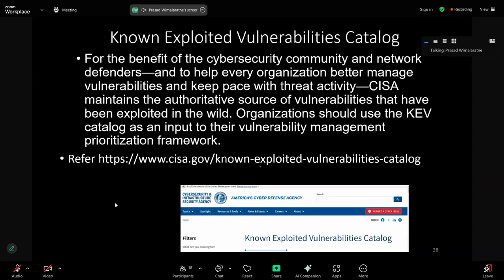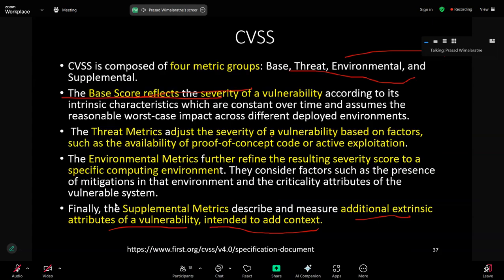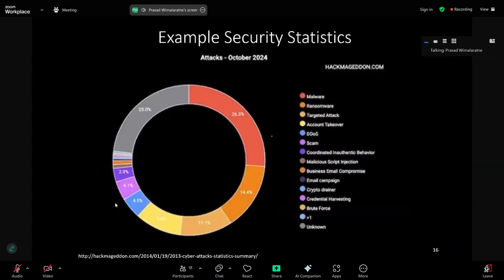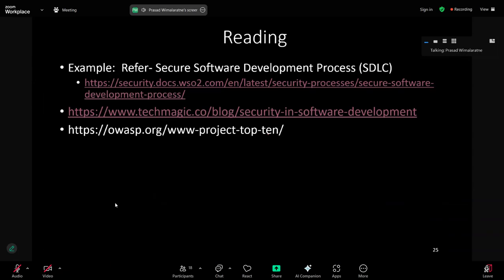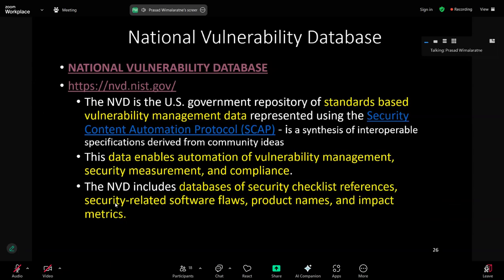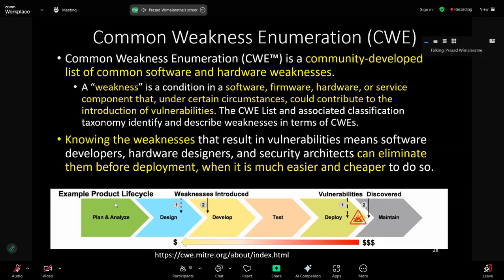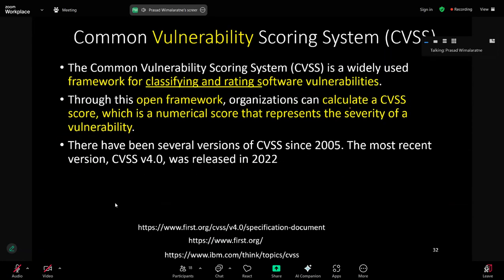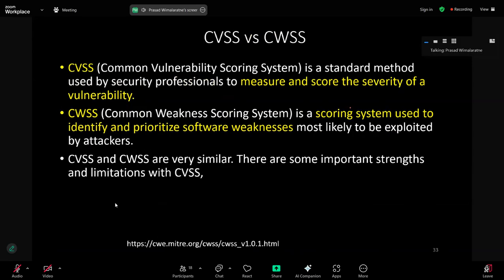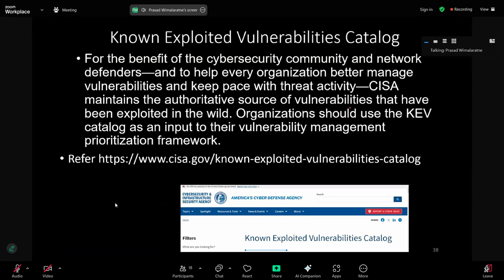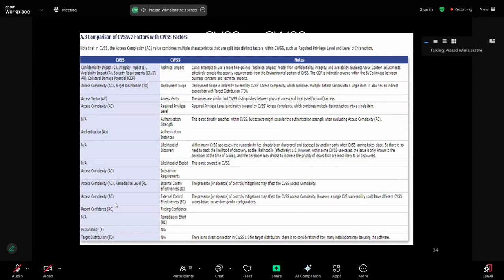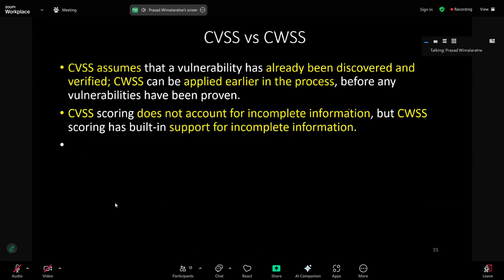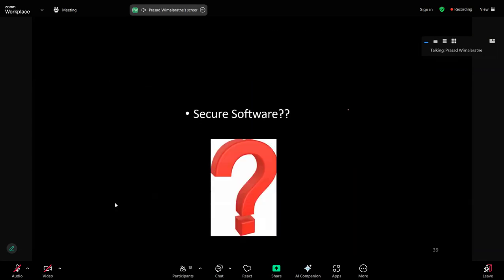So far, we were looking at some of the preliminary things we need to understand before going to the next stage of our discussion: different initiatives for looking at this vulnerability issue, starting with CWE, CVSS, CWSS and likewise. There are many, but these are the more prominent and important ones.